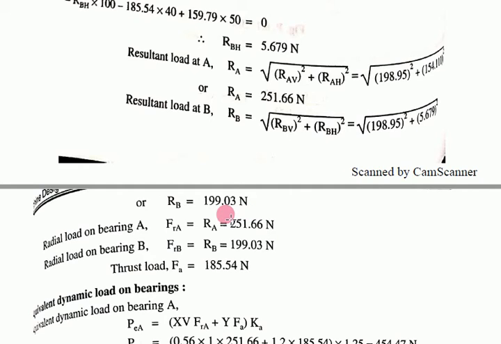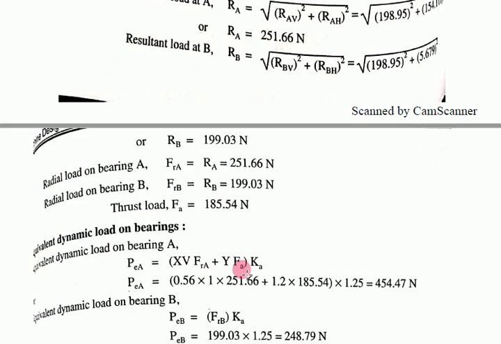So ultimately we have RA, that is radial load on bearing A, FRA, and RB, that is radial load on bearing B, FRB. So two values we have right now, 251.66 Newton FRA and 199.03 Newton FRB, and axial thrust, that is 185.54.